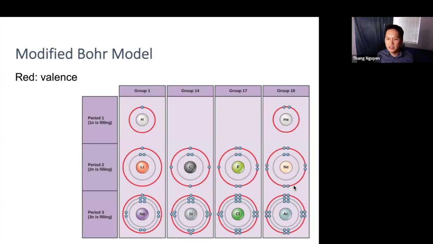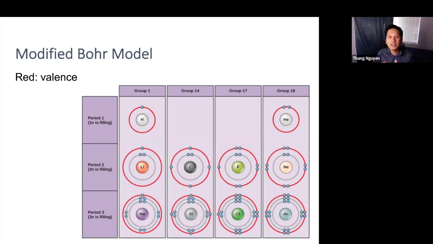How about neon? 1, 2, 3, 4, 5, 6, 7, 8. 8 valence electrons, right? What about helium? Helium has only 2, but wait a minute. Remember, this is the first level, and the first level can only hold 2. So it is also at maximum capacity of electrons. So that's why helium, even though it doesn't have 8 electrons, is also considered a noble gas.